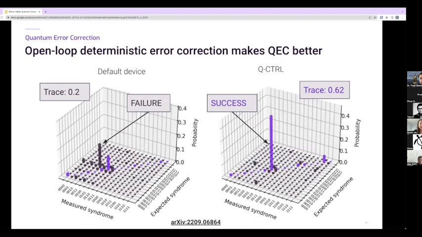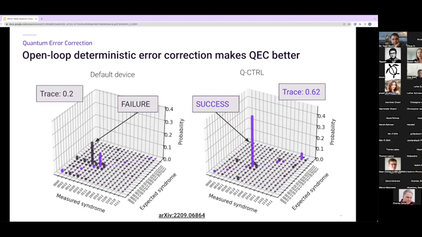We measure the actual error suppression when executing a quantum error correction scheme, and we see that the syndrome extraction process is much improved, such that measuring the error and correctly identifying the right error is drastically improved using Fire Opal to run the scheme.